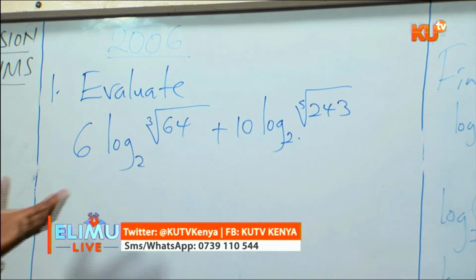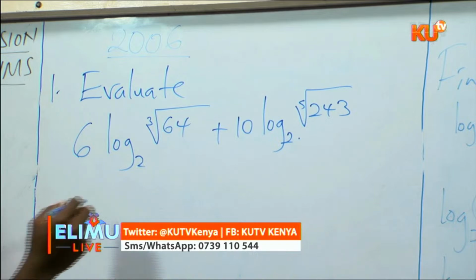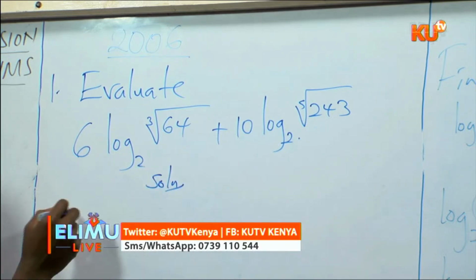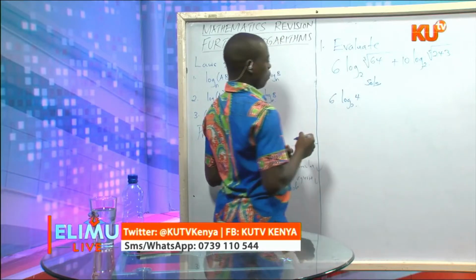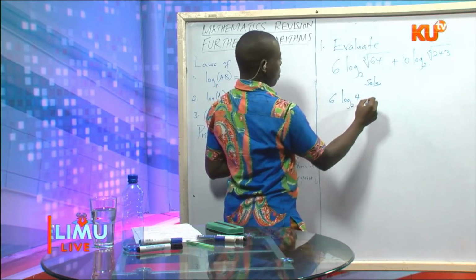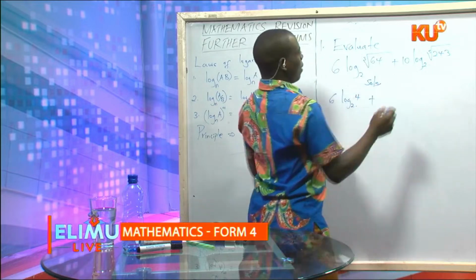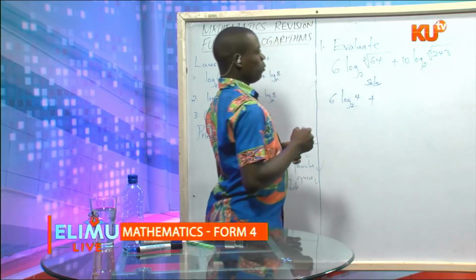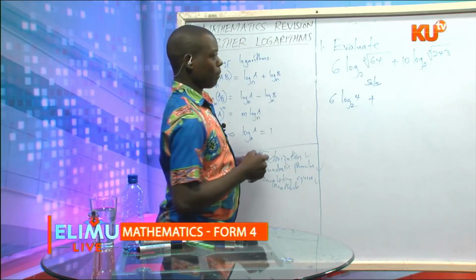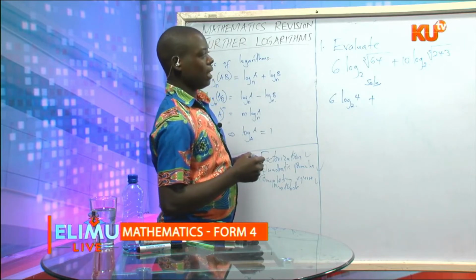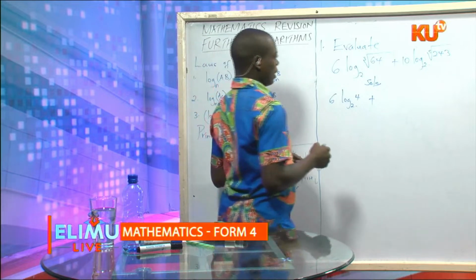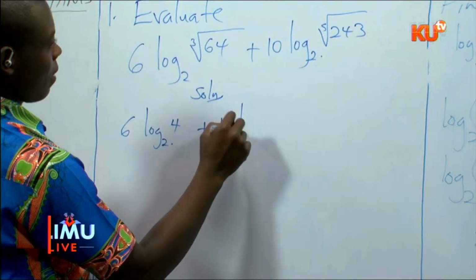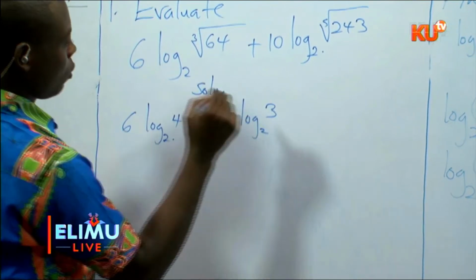So we start by this. The cube root of 64, that is 4. So we have 6 log 4 base 2 plus the fifth root of 243. 243 is 3 power 5. So the fifth root of 243 is 3. So we have 10 log 3 base 2.